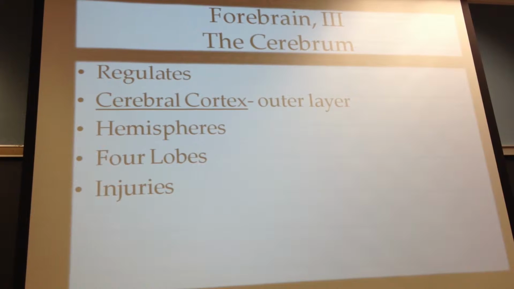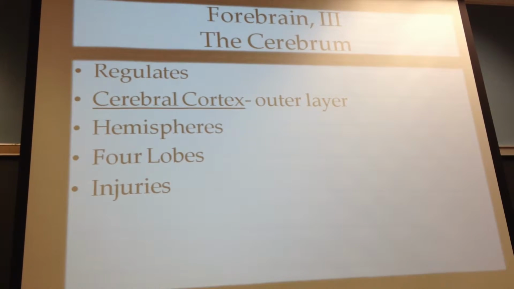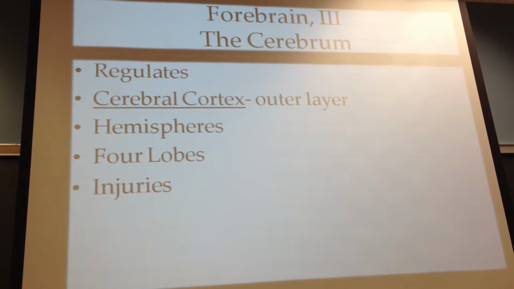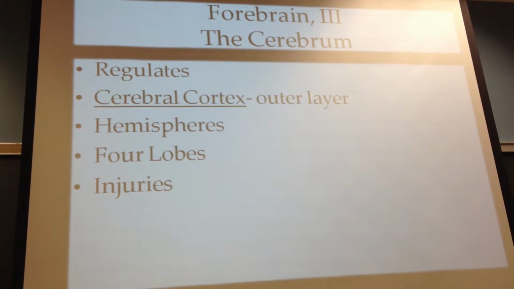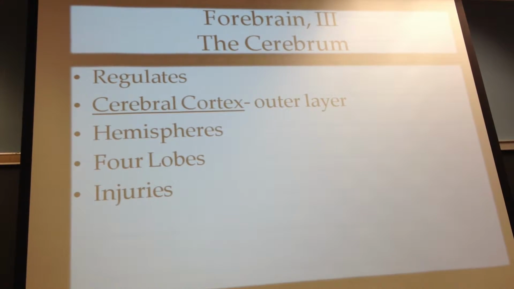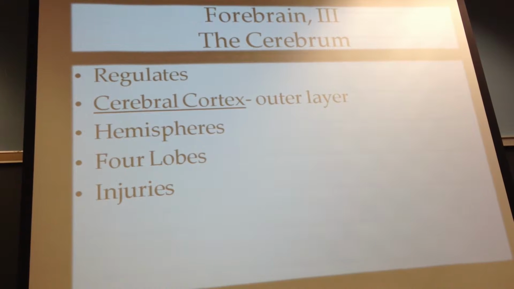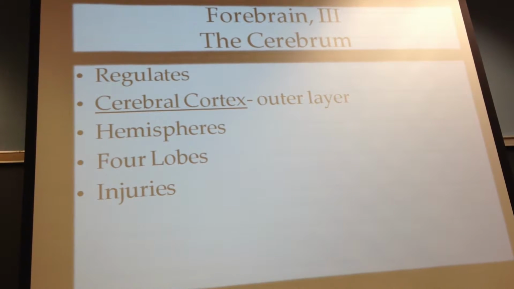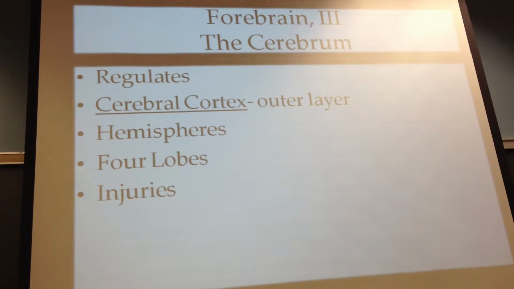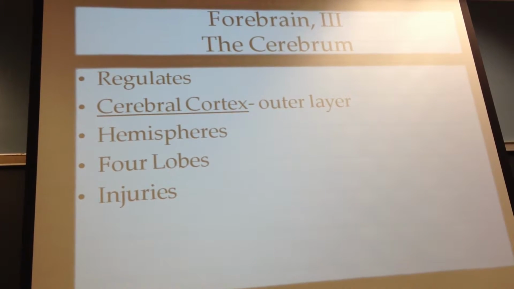It has four lobes: frontal, occipital, parietal, and temporal. The frontal controls the biggest muscle movements that your body has, the occipital controls visual signals, and the parietal controls touch sensory. The temporal is audio. If injuries occur, it's mainly to the frontal lobe, which can result in issues in problem solving, judgment, organization, and reasoning.